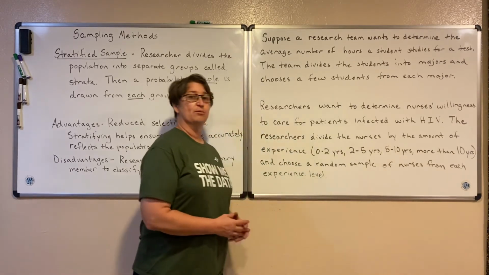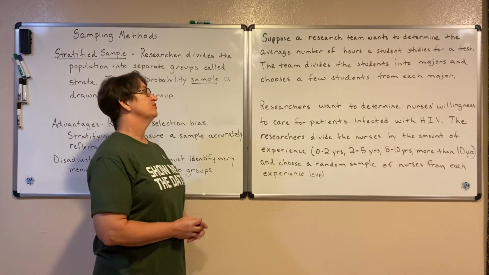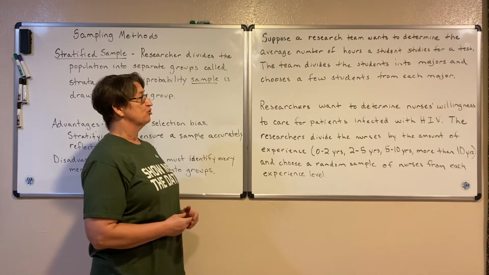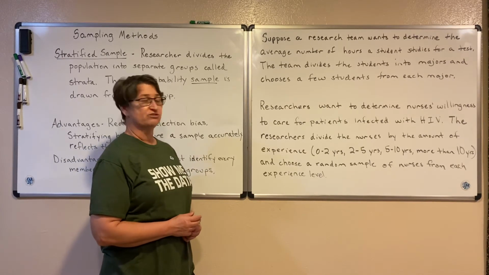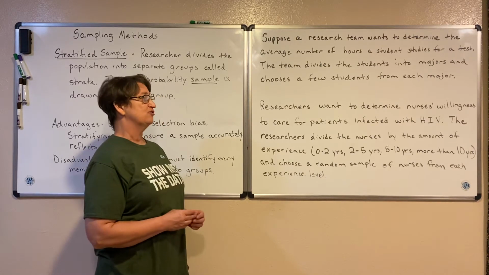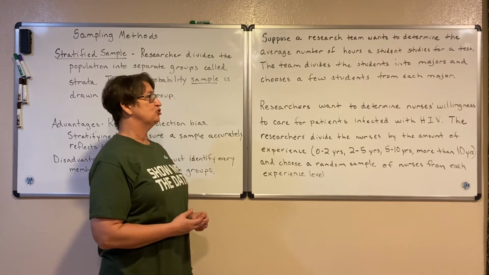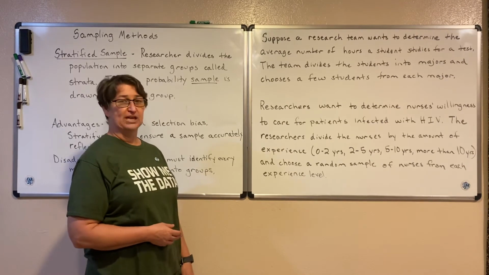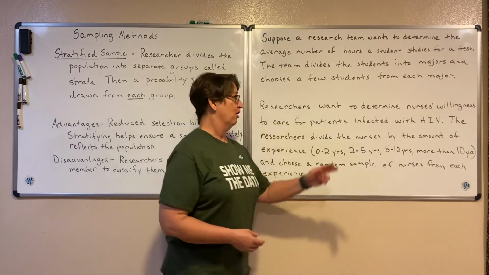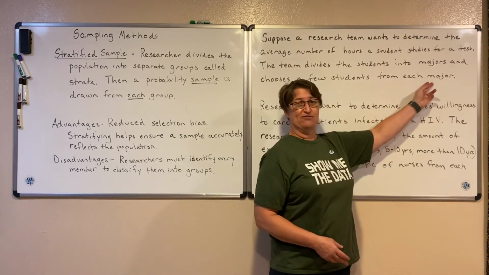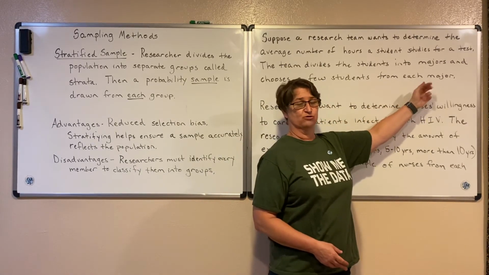So here are a couple of examples of stratified samples. Suppose a research team wants to determine the average number of hours a student studies for a test. The team divides the students into majors and chooses a few students from each major. So in this case, the strata are the majors. The groups they've divided them into are the majors.